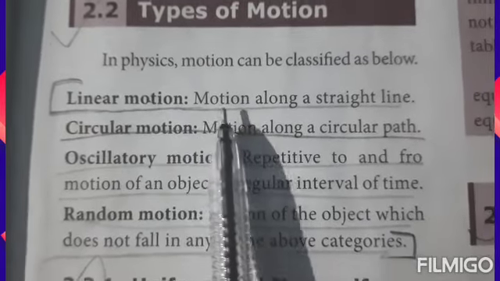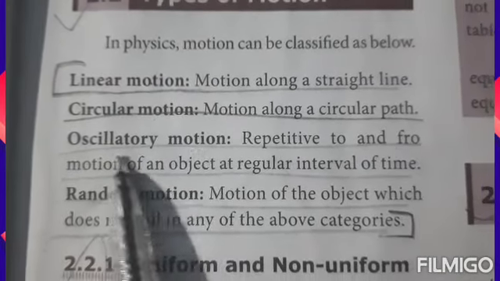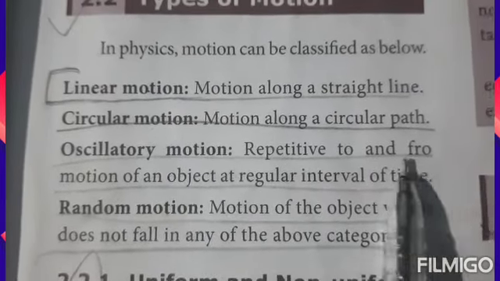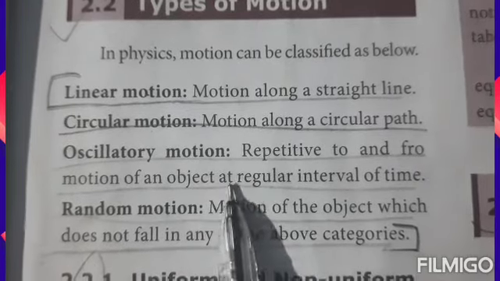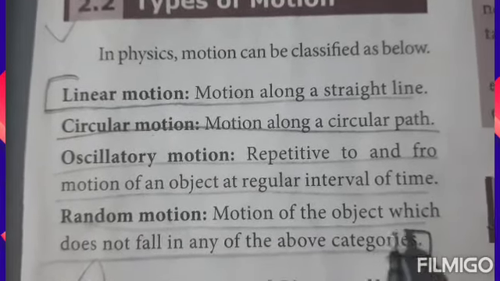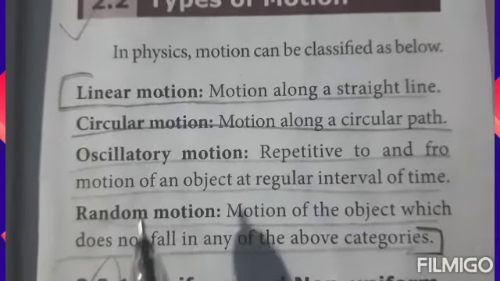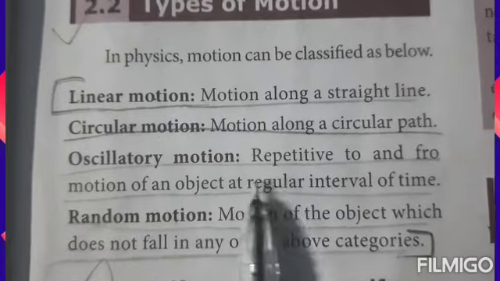First, linear motion: motion along a straight line. Circular motion: motion along a circular path. Oscillatory motion: repetitive to and fro motion of an object at a regular interval of time. Random motion: motion of the object which does not fall in any of the above categories. So these are the 4 types of motion. Mark it and learn.